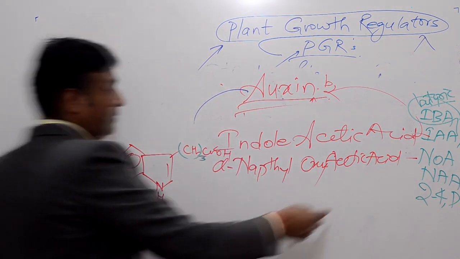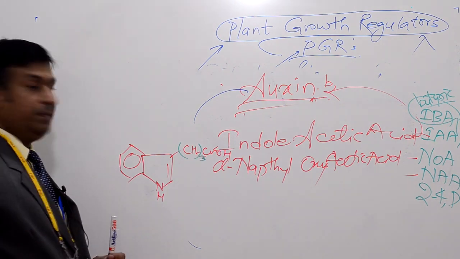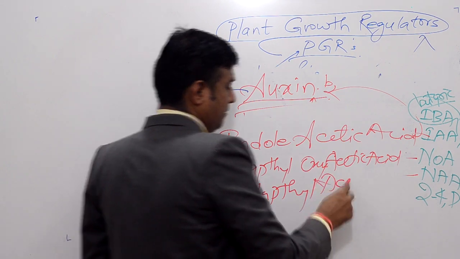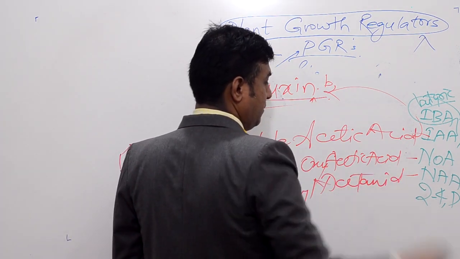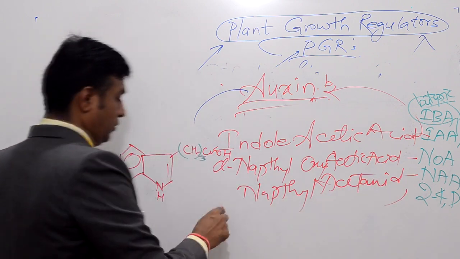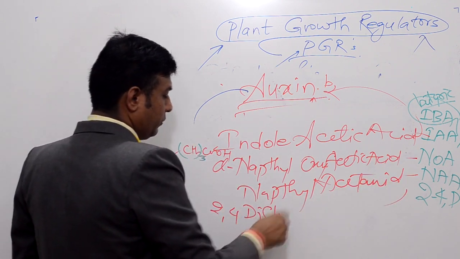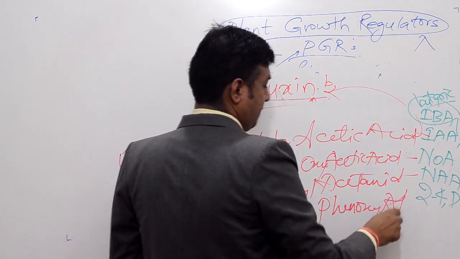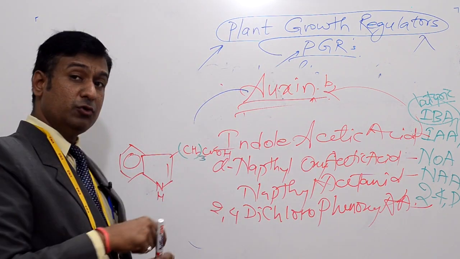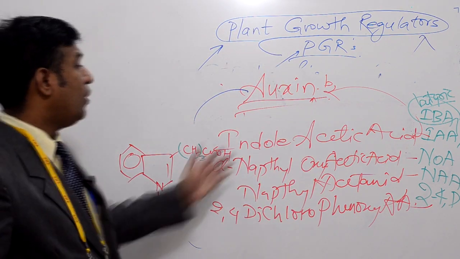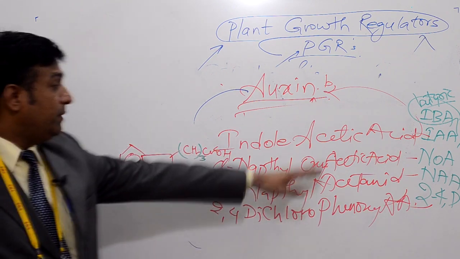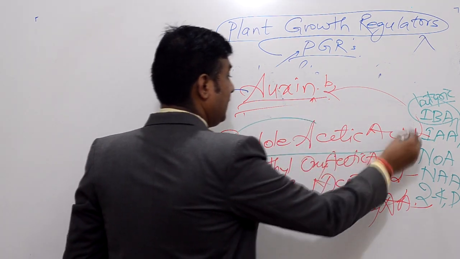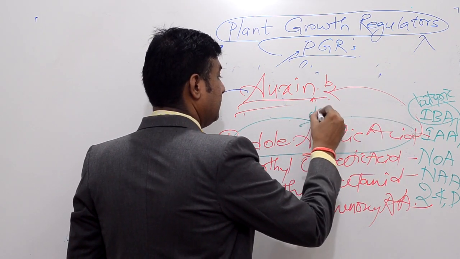Then naphthyl acetamide, and this is 2,4-dichlorophenoxyacetic acid. Why have I shown you these names? Because these all are related, and the basic nucleus they contain is indole acetic acid, so they are derivatives.